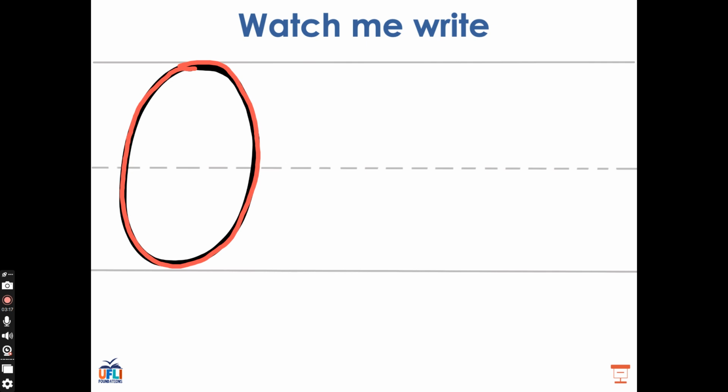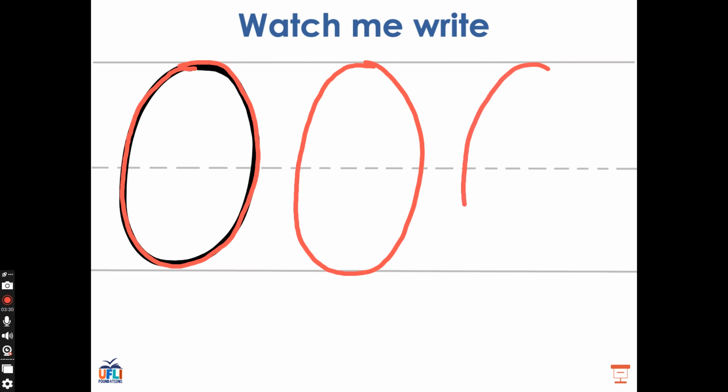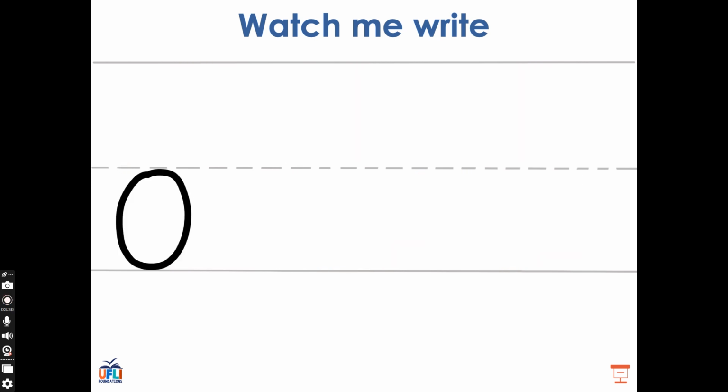That's uppercase O. Let's do 2 more like that. Start at the top, curve down to the bottom, touch, curve back up, uppercase O. And once more. Start at the top, curve all the way down to the bottom, right back to where we started, uppercase O.